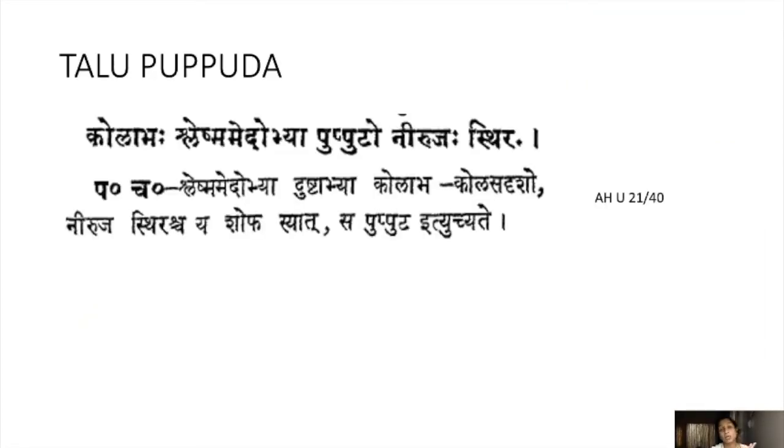Next comes Talu Puppuda. As I mentioned, all the treatment will be mentioned together at the end. Talu Puppuda: Kolapaha Sleshma Medopyam Puppudo Nirujaha Stiraha. Kola matra, you know, right? Kola seed is like Lenda seed. That much only it will be.